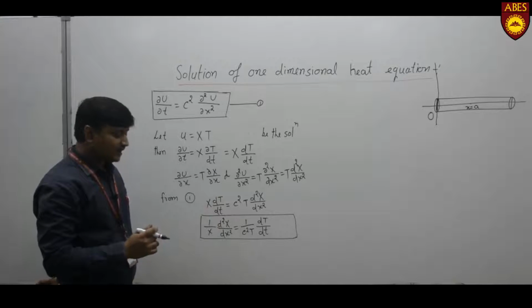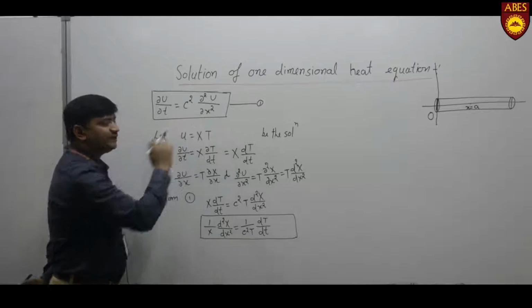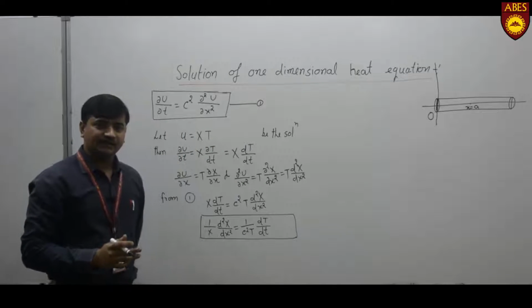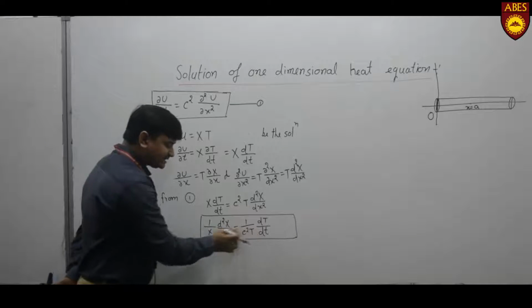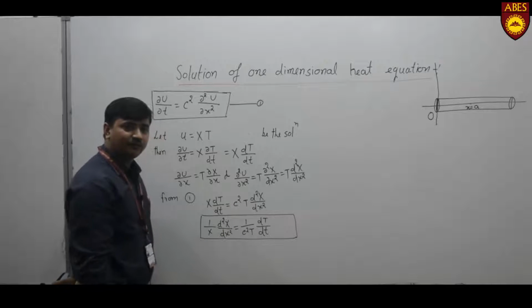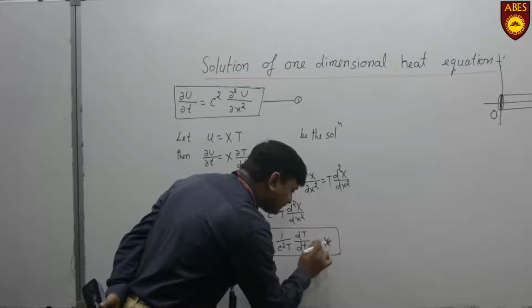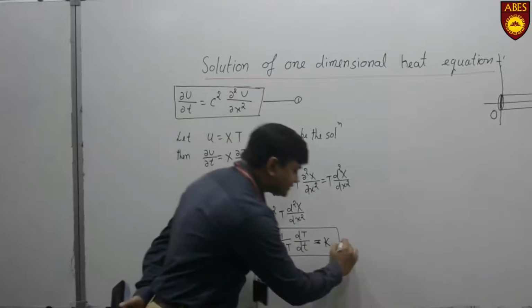The reason is small x and small t are taken as independent variables, so there may not be any relation between x and t. The only result we get is that both sides, left hand side as well as right hand side, will be constant. So, we are taking it as k. This is relation number 2.